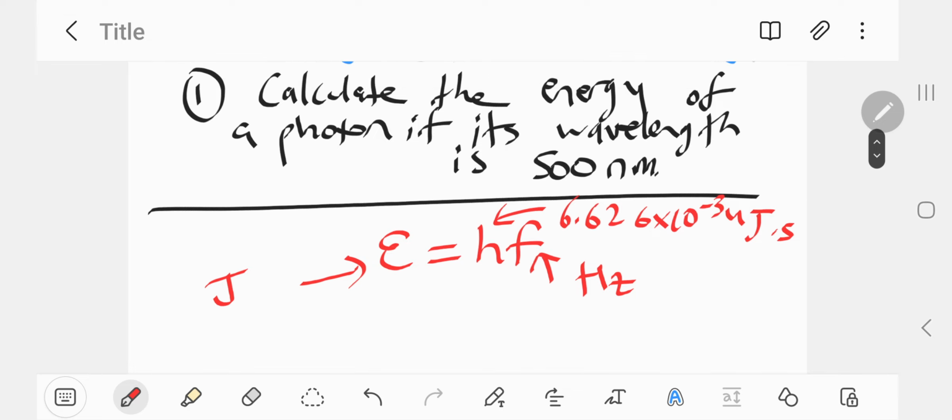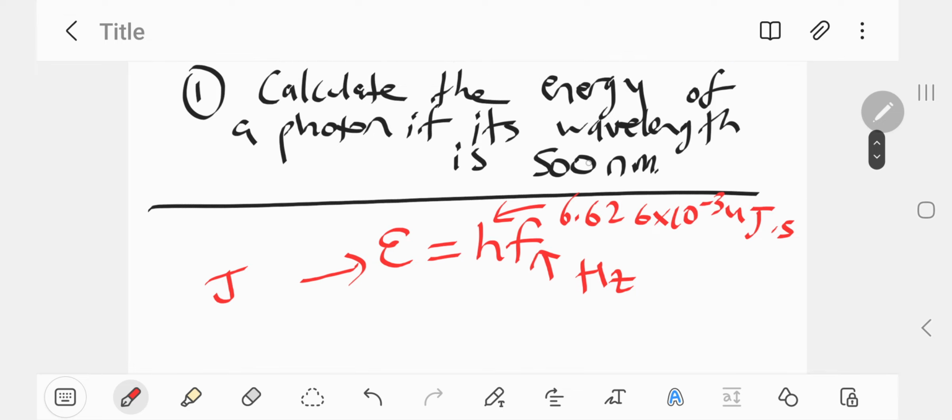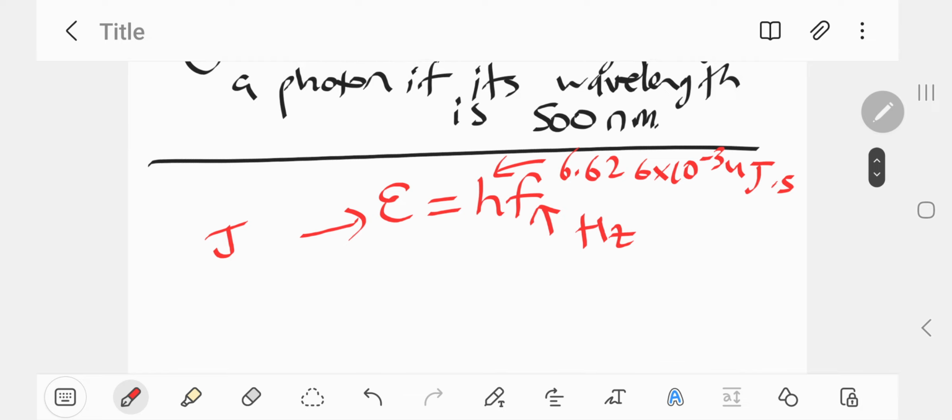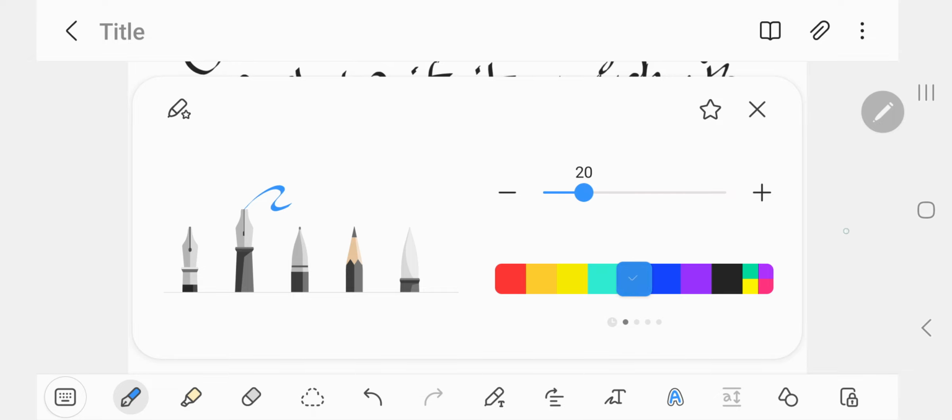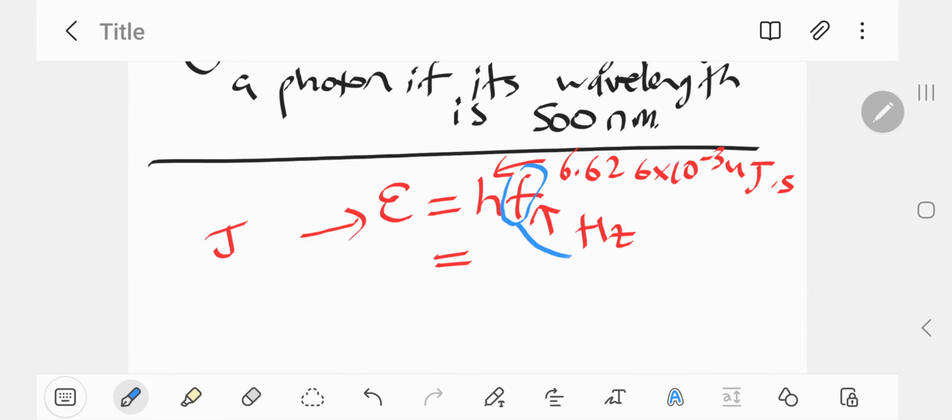Now we need to calculate the energy given a wavelength of 500 nanometers. So that's a hint as to what we need to do to this equation here. We're not given frequency, however, we do know that we can rewrite f in terms of the following.